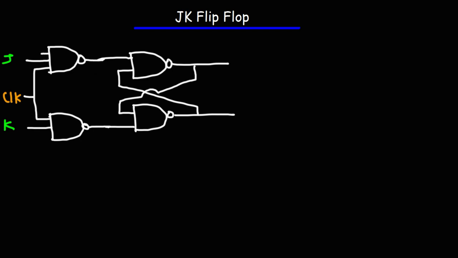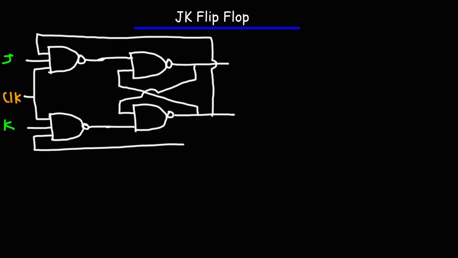So we're going to attach this input all the way to the output of the bottom NAND gate. And this input here, we're going to connect to the output of the top NAND gate.